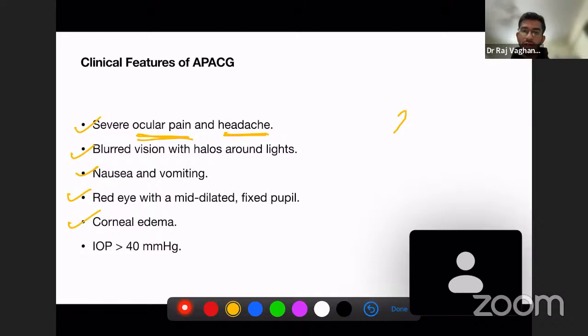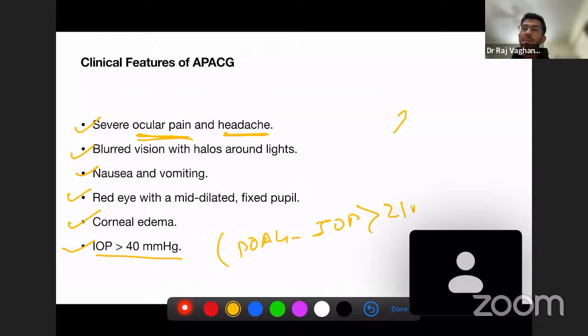There can be corneal edema, and the IOP is greater than 40. In primary open angle glaucoma, the IOP was greater than 21 mmHg, but here it is greater than 40 mmHg. Such a huge difference. Just notice the difference between angle closure glaucoma and primary open angle glaucoma.